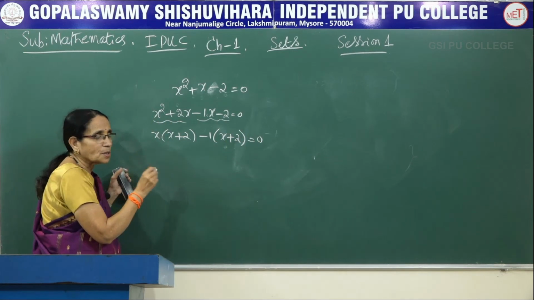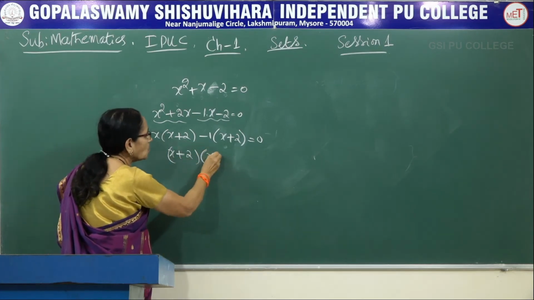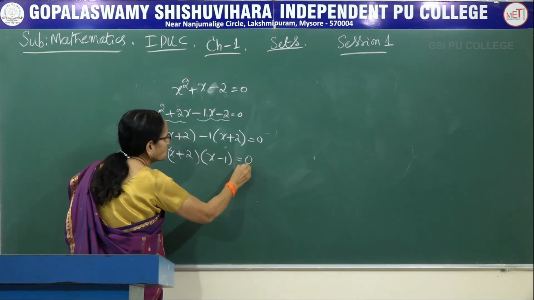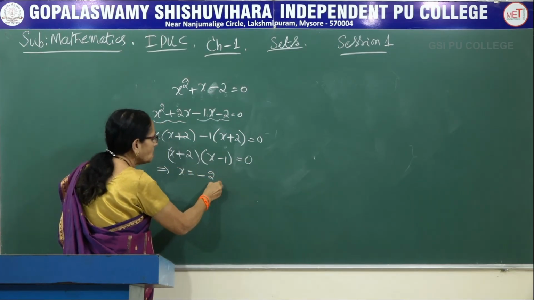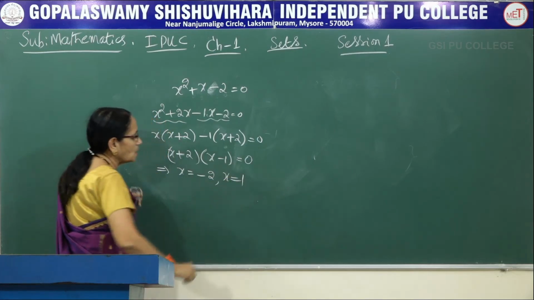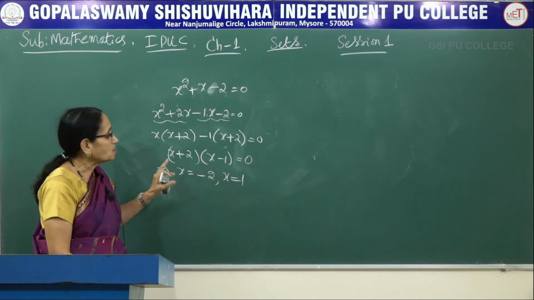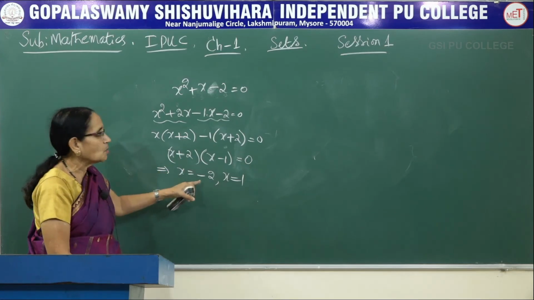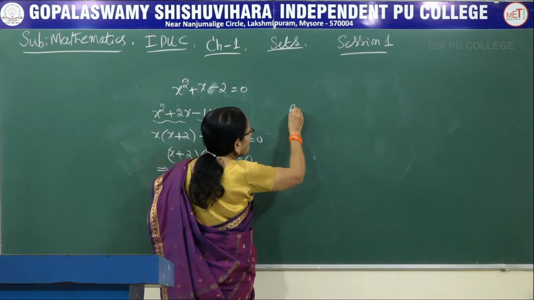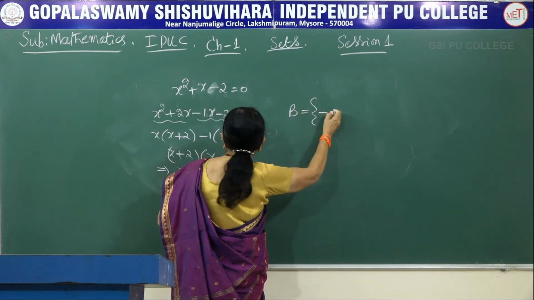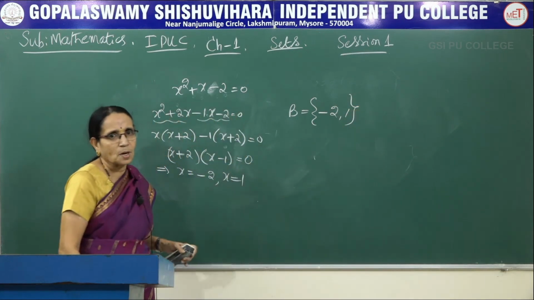Then only we call it a common factor which can be taken outside. Now what is remaining? x minus 1. That implies that x can have the value minus 2 or it can have the value 1. So you have to find the set of the solutions of the equation. What are the solutions here? Minus 2 and plus 1. Therefore, I can write the set B contains the elements minus 2 and plus 1.